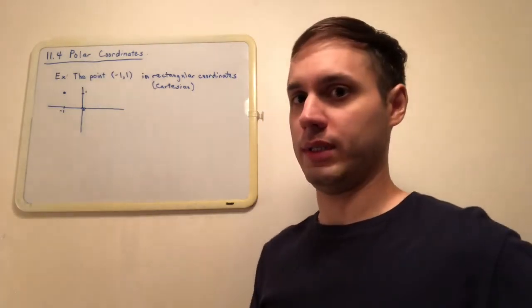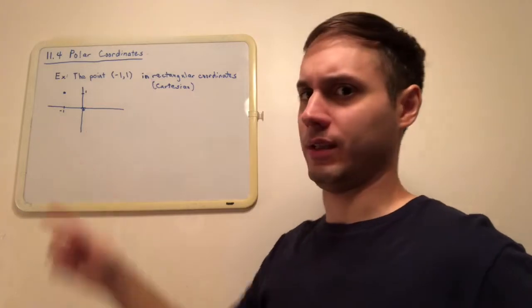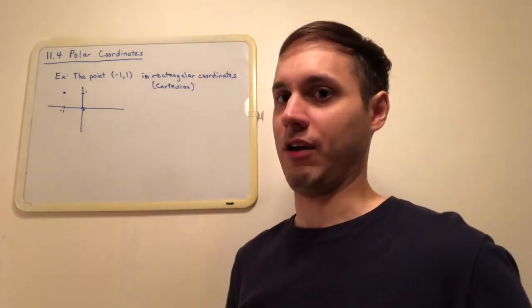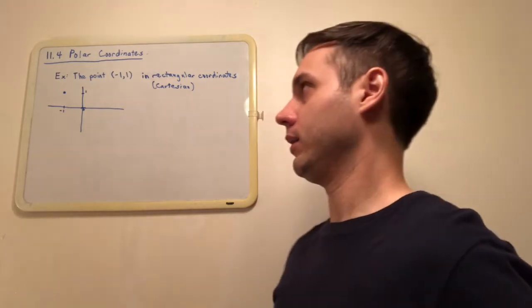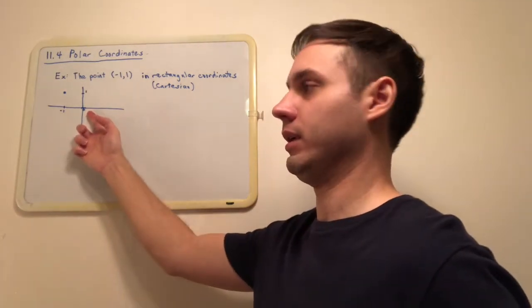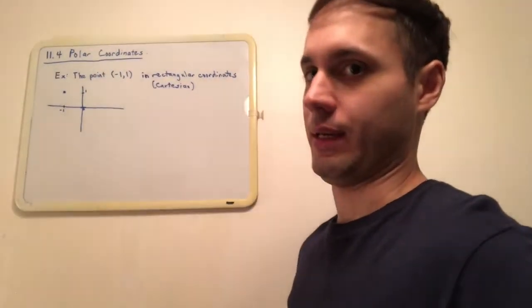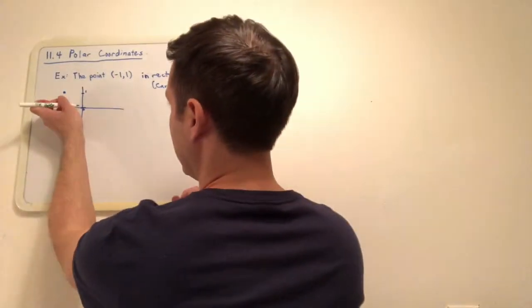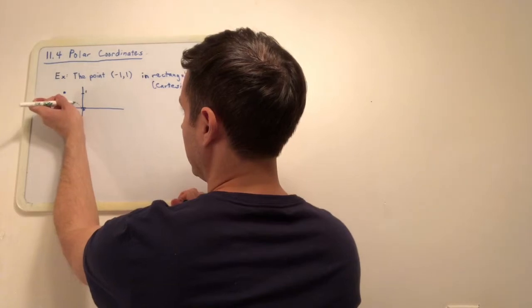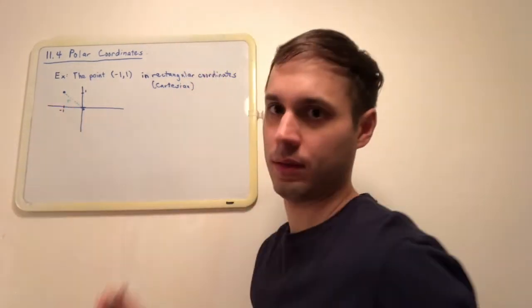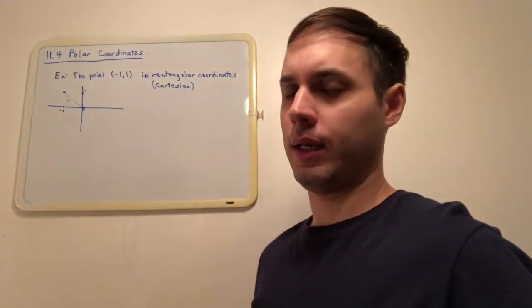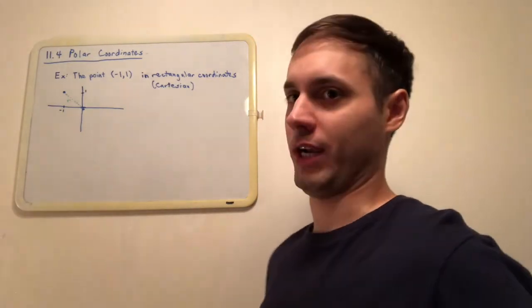Now, polar coordinates, instead of telling me how far to the left and how far up I have to go, polar coordinates tell me, starting at the origin, how far out do I need to go? So we call that letter R. And what direction do I need to go?